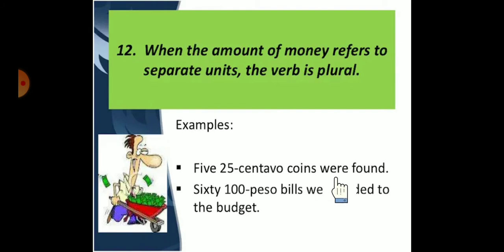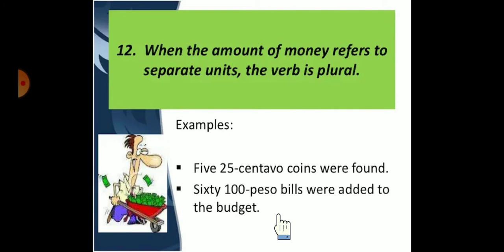Then which verb do we have to use according to the rule? Yes, the verb is plural. Another example: 100 peso bills were added to the budget. Where is the plural here, and where is the verb? This is what the 12th rule says.